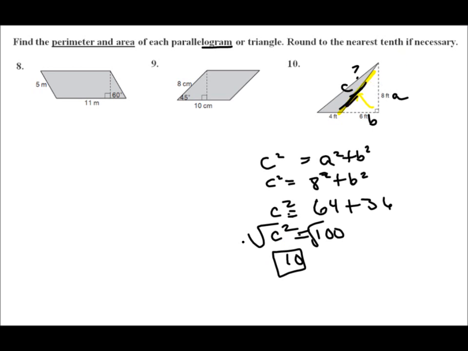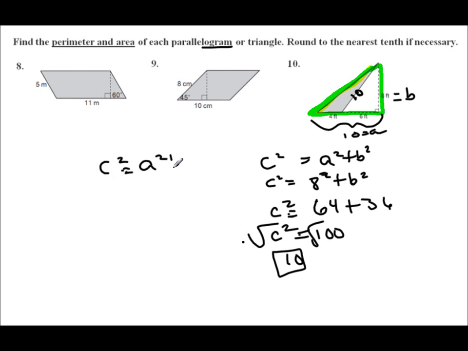Now the next part is tricky because we need to find the length of this side, which makes up the hypotenuse of this big triangle here. So we're going to do A squared plus B squared equals C squared again, except this time we have to use the length of this whole side, which is 10. We'll call that A, and we'll call this B. So this time C squared equals A squared plus B squared, where we're looking for C here.